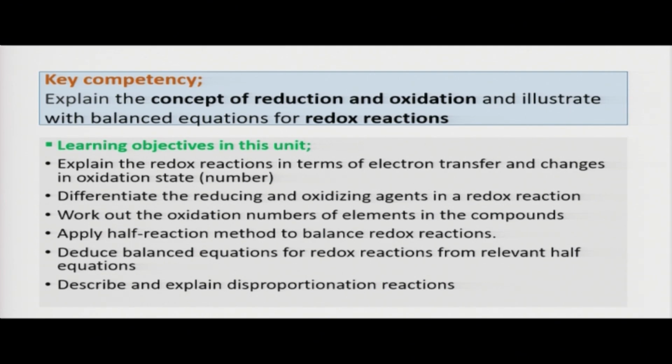Then use that prior knowledge to write balanced equations for redox reactions.